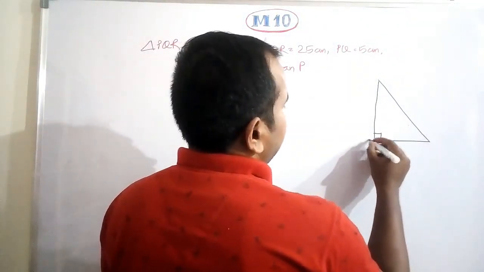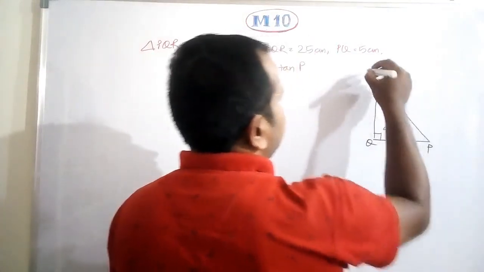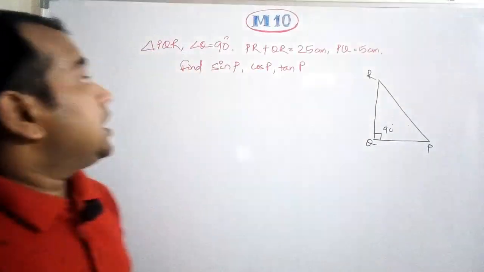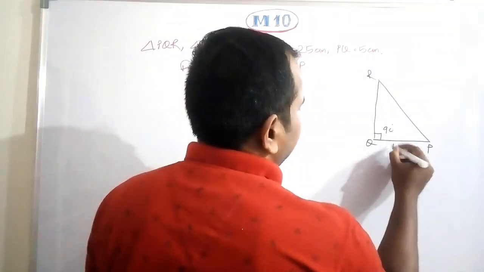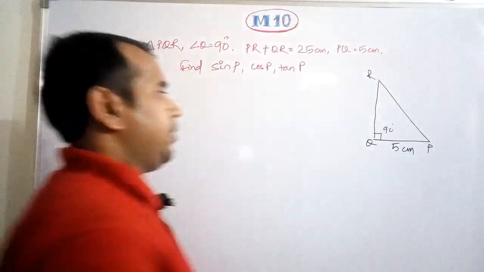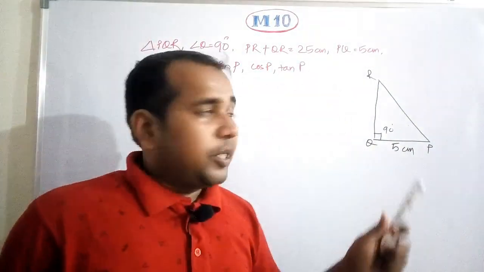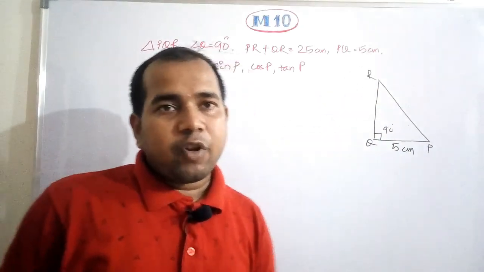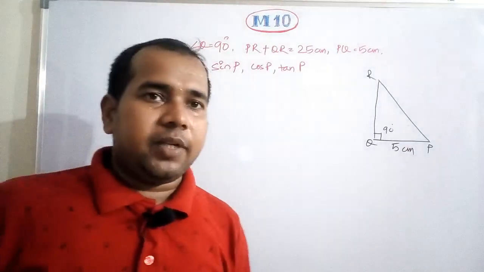Let's say this is P, this is R. Here given PQ is 5 centimeter. So to get sin P, cos P and tan P, you have to find QR and PR. And whatever data is given, PR plus QR is 25 centimeter.